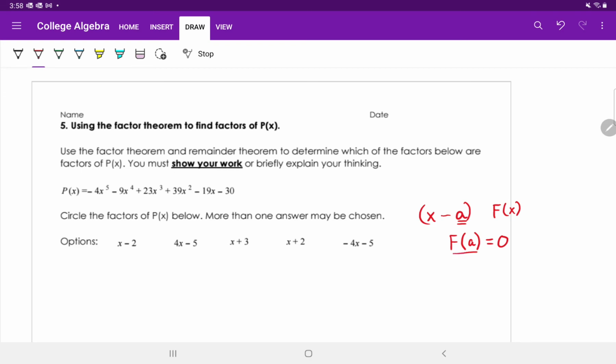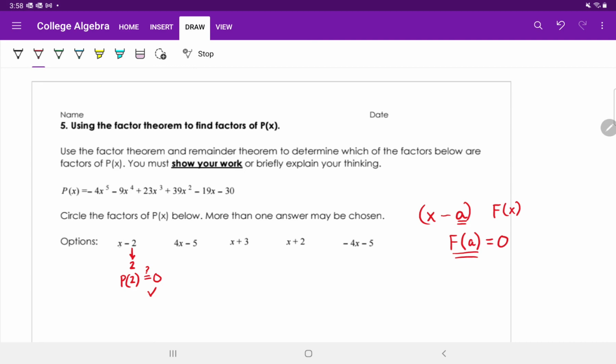If a is a root of f of x, then when we plug it into our function, we should get 0. So what you're going to do is take this number, switch its sign, and plug it into your function. If you get 0, then it is a factor.